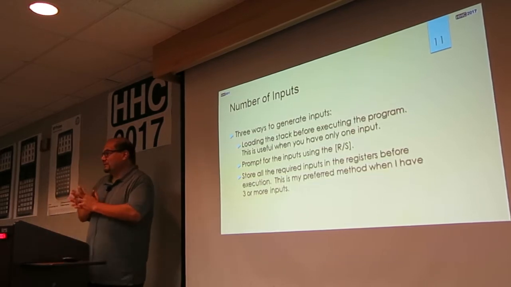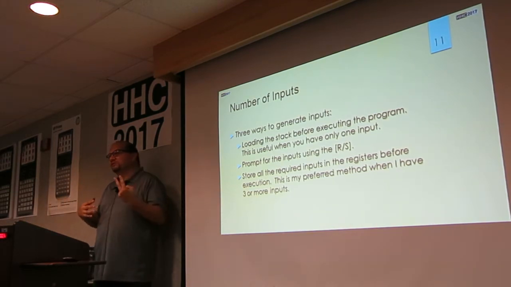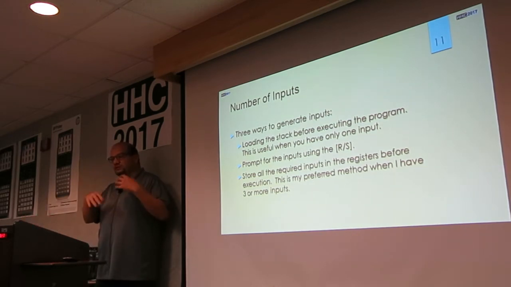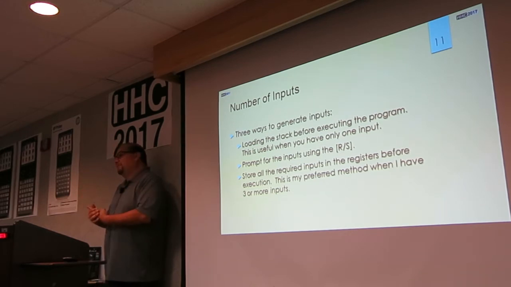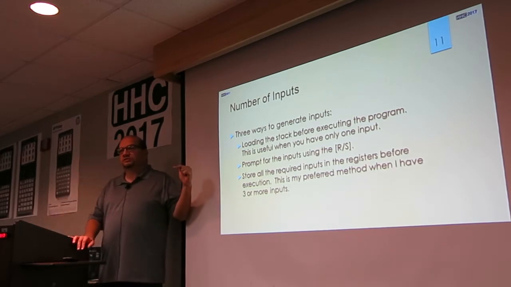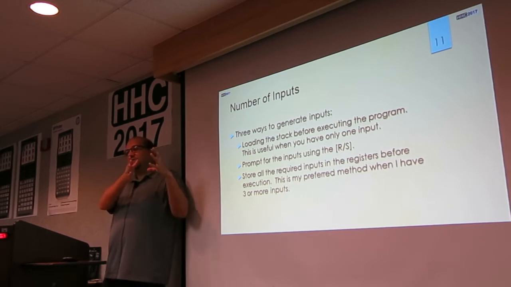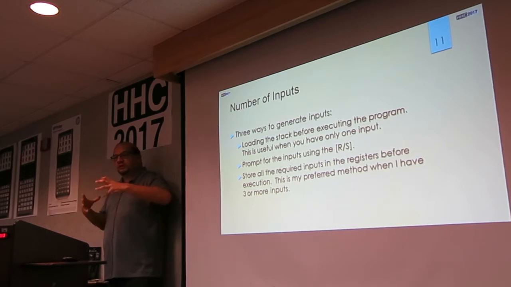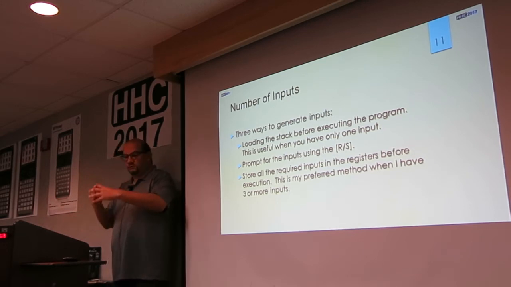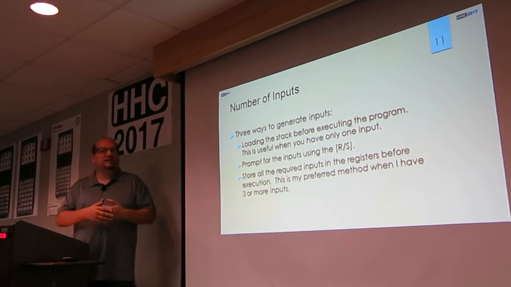The way I like to approach the number of inputs on my RPN programs is, if you have 2, go ahead and enter them on the stack, and then the program can take care of the storage and manipulation. Anything above 2, for example 3 or more, I usually have the user pre-store everything into the registers first, because if you have 3 and you're just putting them on the stack, you're going to use a lot of program steps saying, okay, store this, roll down, store this, roll down, store this again, roll down, and then start your calculations.